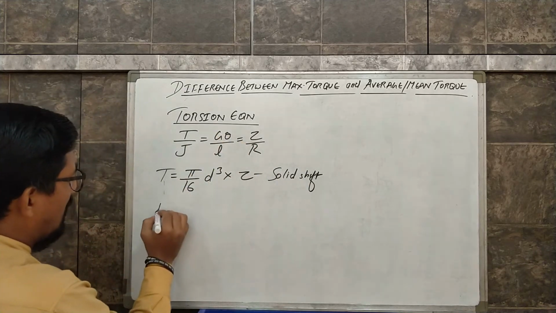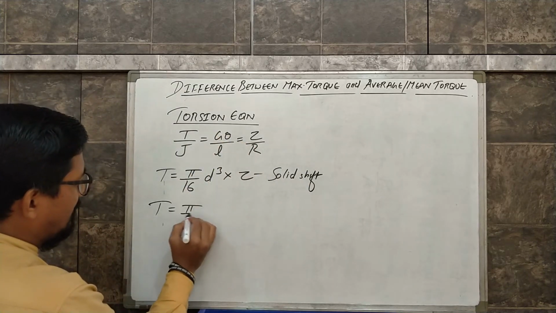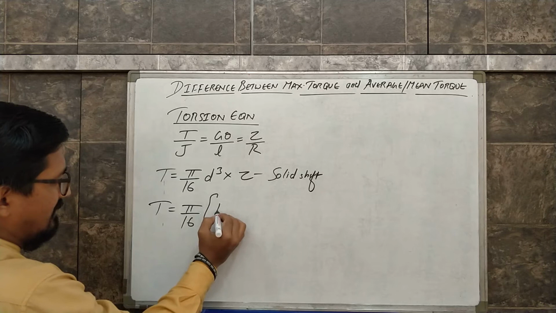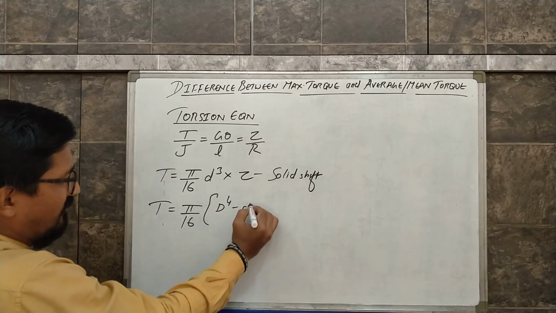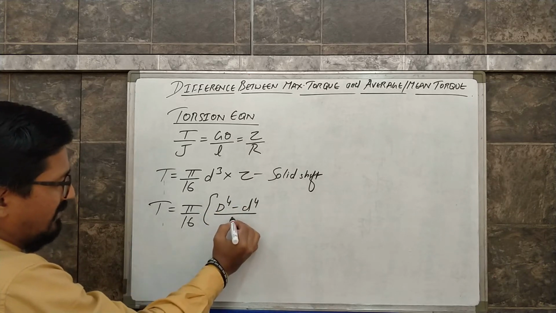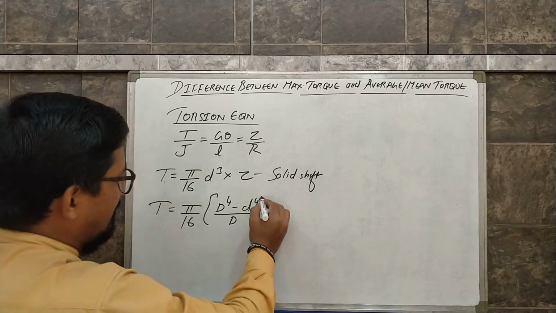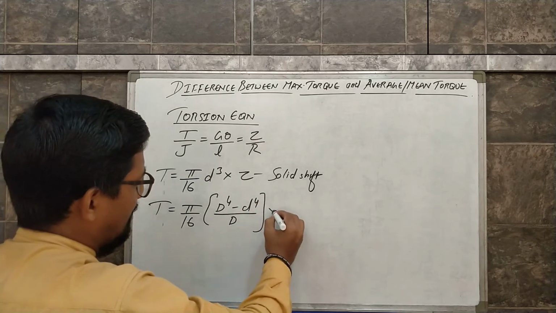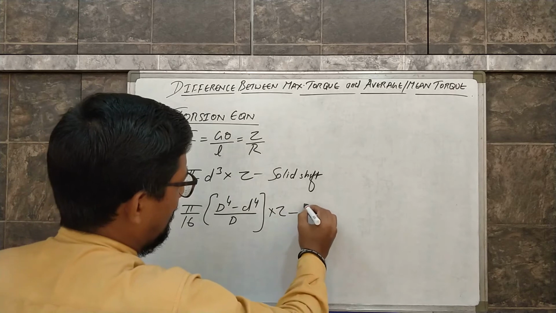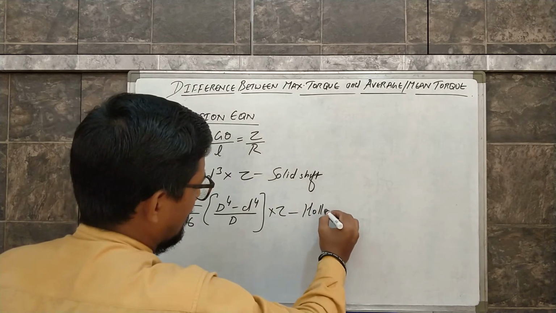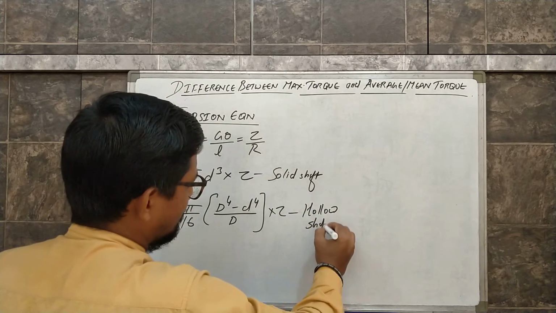And for a hollow shaft, T is equal to pi by 16 into external diameter raised to 4 minus internal diameter raised to 4, whole divided by external diameter, into tau. So this is all about the hollow shaft.